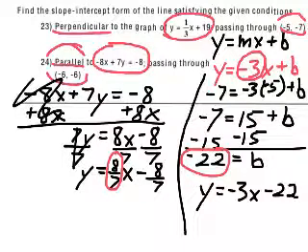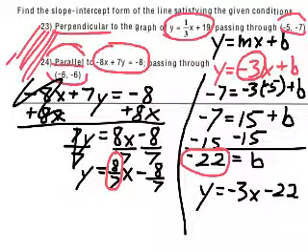If the lines are parallel, they're going to all have the same slope. So let's stick in slope-intercept form. y equals 8/7 x, and we're going to put plus b because it's not going to have the same intercept.